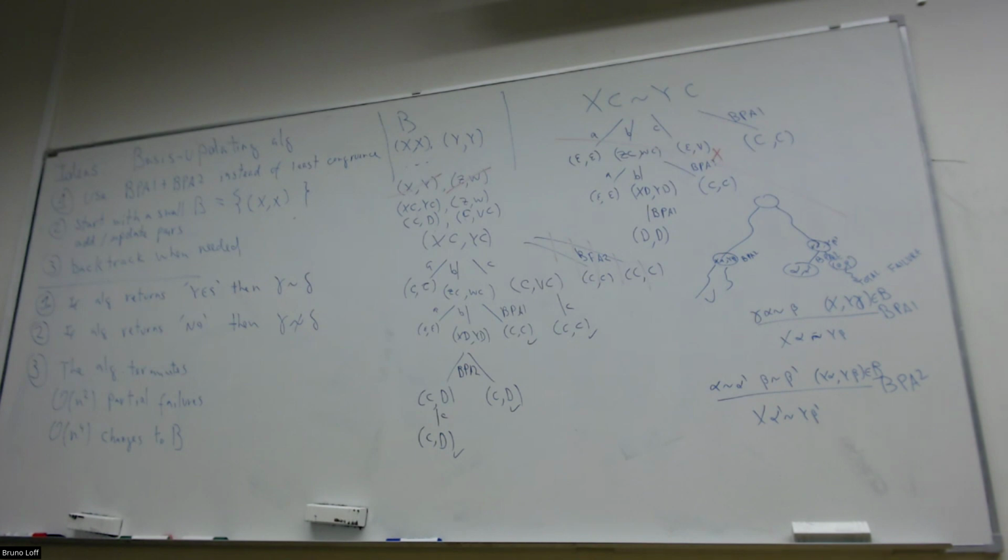Why is it? Because every time you have a partial failure, you change a BPA1 pair to a BPA2 pair. Okay? And once you do this, you never change it back to BPA1. You have already asserted that this could never be a BPA1 pair. Okay? So once you figure that out, it means that you can only have at most one partial failure for each XY pair.